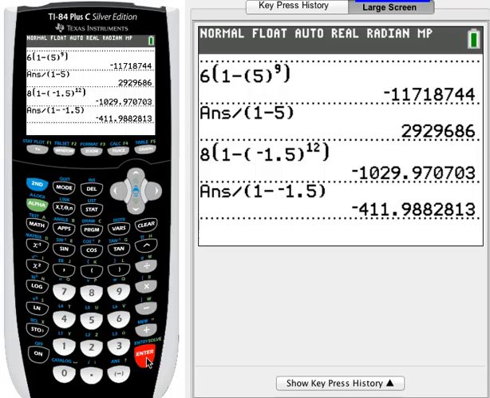All right, and here we have our answer, negative 411. And then here, let's just approximate this, okay? This decimal is going to be really long, really big. And with such a big number, that would make a really nasty fraction. So let's just round this up to negative 411.99.